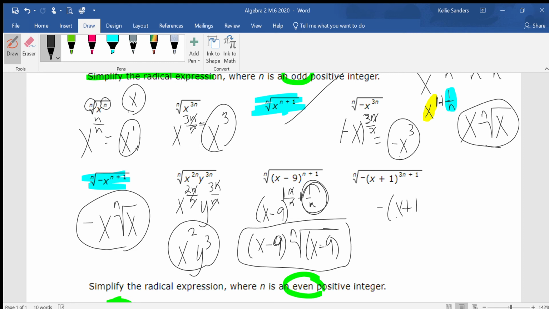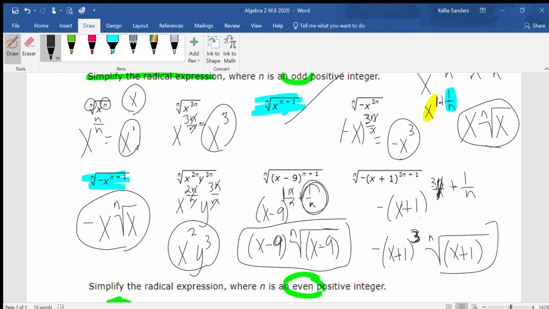Negative x plus 1, 3n over n plus 1 over n. The n's cancel, which leaves you with 3. So we have negative x plus 1 to the third on the outside, and then we have just x plus 1 left on the inside.